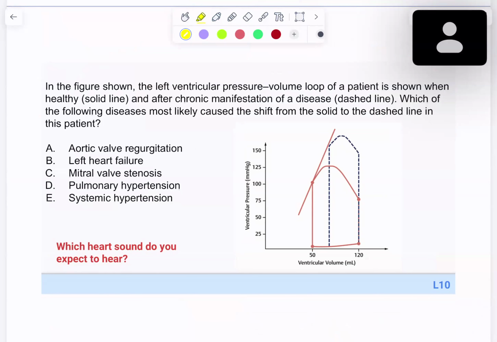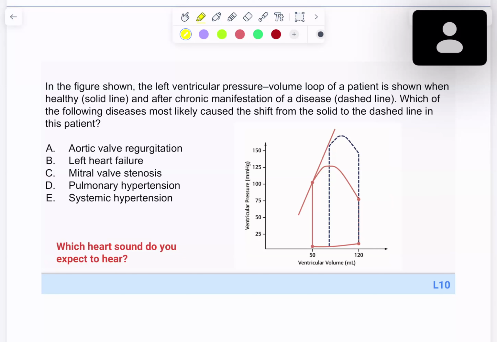Which of the following diseases most likely caused the shift from solid to dashed in this patient? E, correct, mashallah. Why is it E?